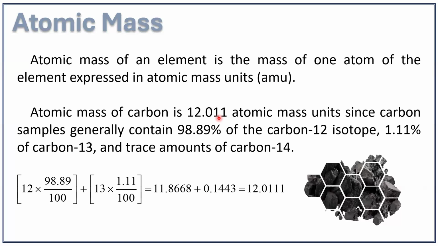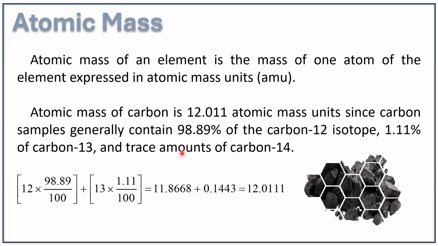Why is that? That is because carbon has isotopes. For example, carbon-12 is the most common isotope of carbon. Carbon-12 makes up 98.89% of the carbon in the whole Earth, or in the whole environment, and 1.11% of the total carbon is carbon-13.